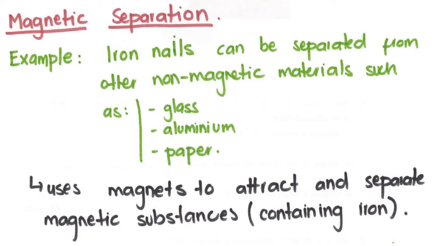But imagine that you have a bag full of iron nails, glass, aluminum, paper, and you hover over with a magnet. The magnet is going to attract the iron nails, and it's a way that you can separate the iron nails from the rest of the materials. So it uses magnets to attract and separate magnetic substances or any other substance that contains iron.